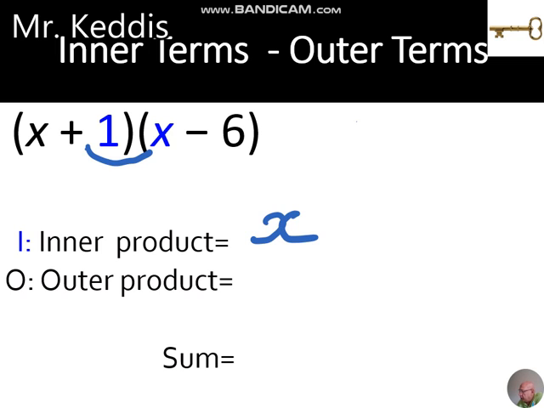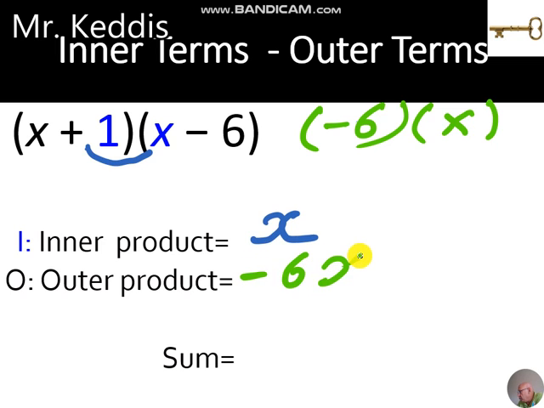And the outer product, which is negative 6 times positive x, I get negative 6x. I have negative 6 here and here positive 1. I take the sign of the higher number, which is 6, higher than 1. It's negative, because I have different signs here. This is negative and here a positive, which means I subtract. 6 minus 1 is 5x.